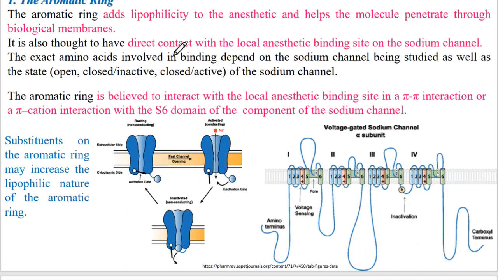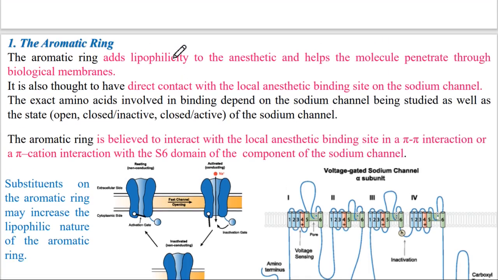So what are the points to be remembered for the aromatic ring? This aromatic ring adds lipophilicity to the anesthetic, and that helps the molecule penetrate the biological membrane. As the name itself says, it is the aromatic or lipophilic ring, so it simply adds lipophilicity and enables the molecule to penetrate through biological membranes.